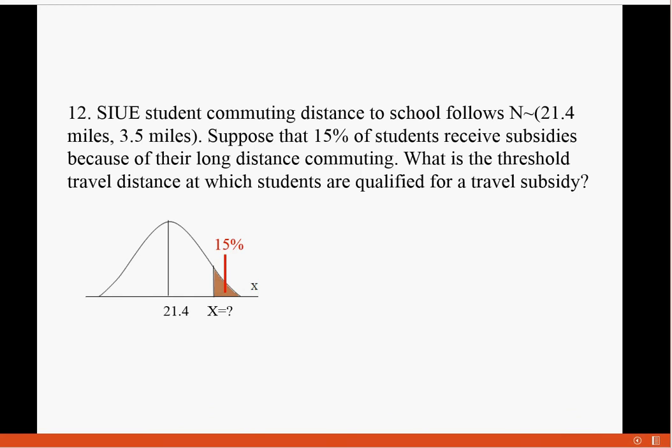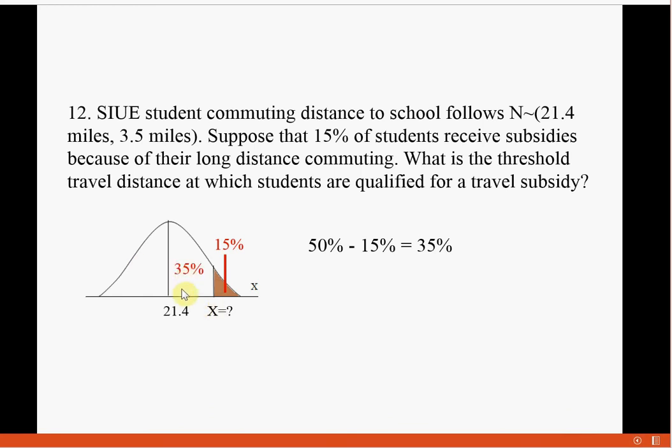If you are using a different table, that's a different matter. But now we have to find this slice here, which is 50% minus 15%, giving 35%.